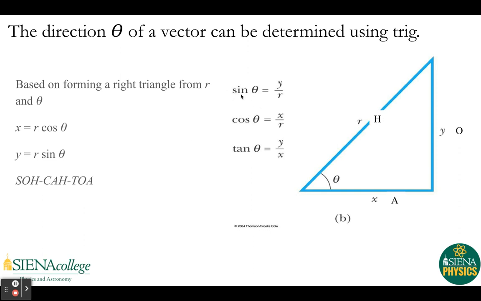So we can just use these relationships. So here's theta, right? My adjacent side is x, the opposite side is y, and the hypotenuse would be r in this case. And so if it's been a while, just go through and review that, right? So sine theta is your opposite over hypotenuse, so that'd be y over r, the magnitude of the vector. Cosine is your adjacent, the x over the magnitude, and tangent would be y over x.